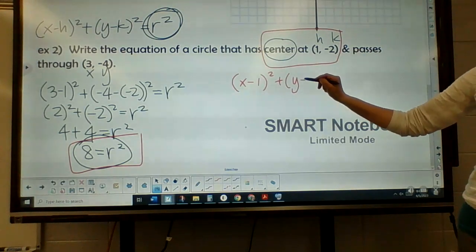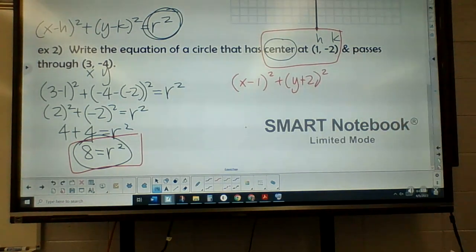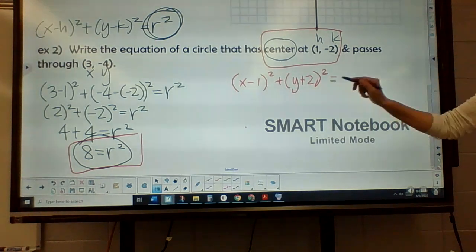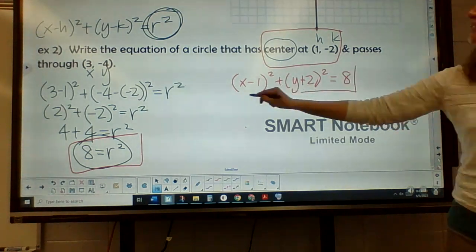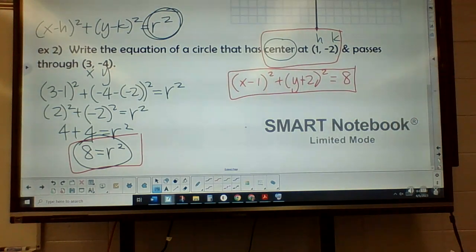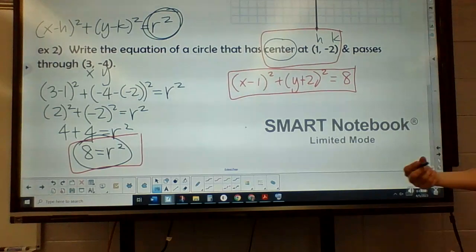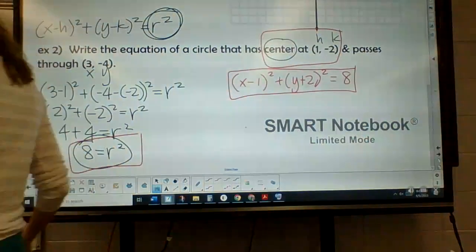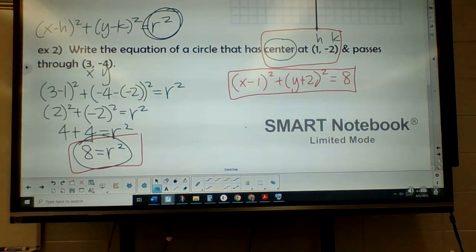So y minus negative 2, so right away I'm going to do plus 2 if that's okay. And then equals r squared, and so I'm just going to write 8. I don't need to do the square root and then square it and figure out that it's going to be some crazy decimal, and then when I square it, it's just 8 again. It's a lot easier just to write it as 8 right away. Does that make sense?